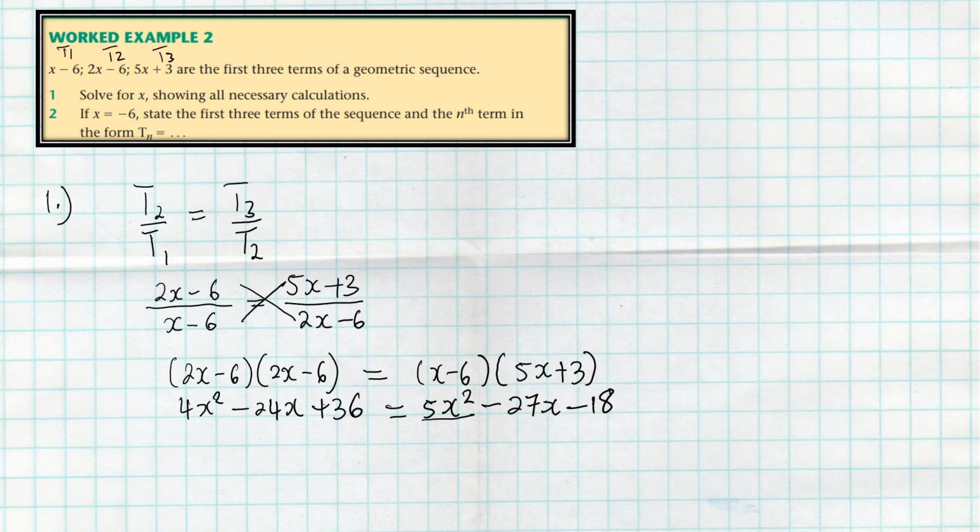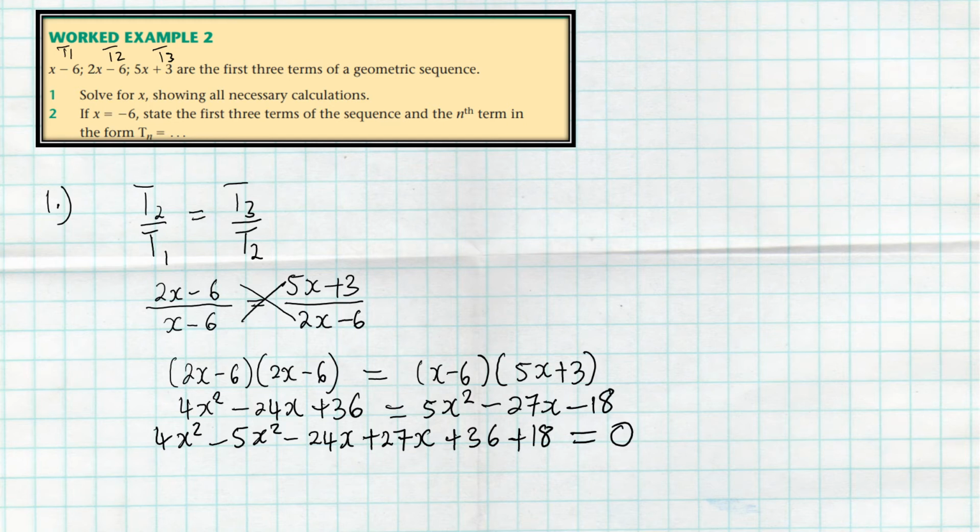We can take everything to the other side, and let's see how it goes. So we have 4x squared. We take 5x squared to the other side, it's going to be minus 5x squared. We have minus 24x here. We take the negative 27x to the other side, it's going to be positive 27x. Plus 36 and minus 18 to the other side is going to be plus 18.